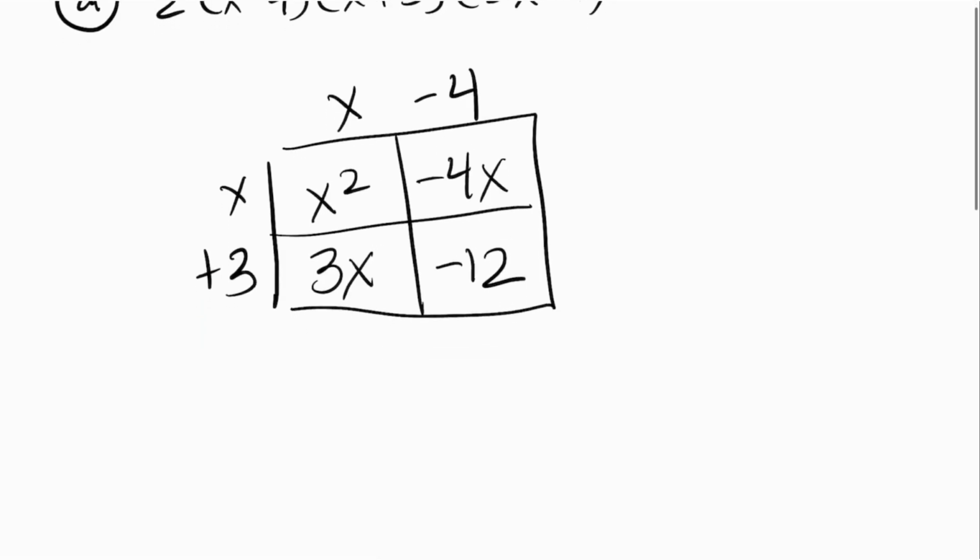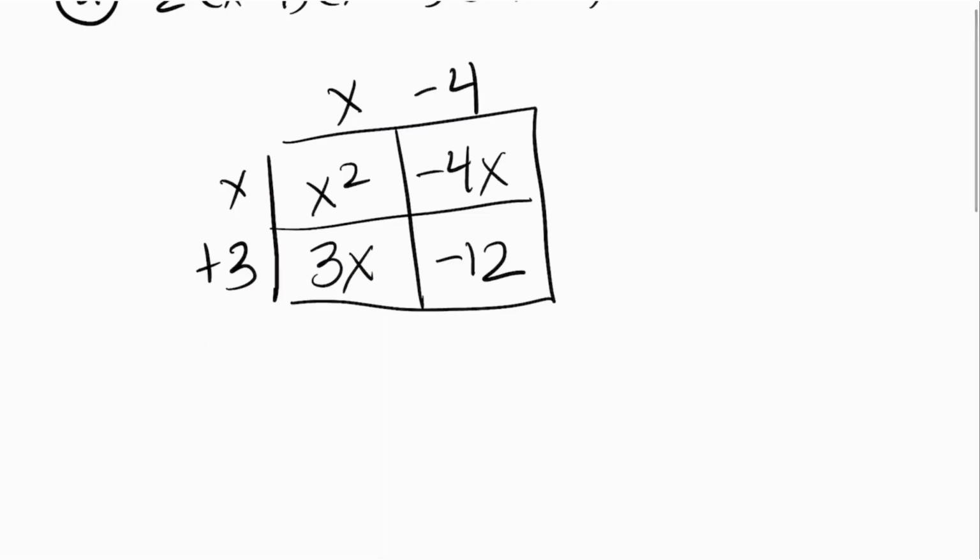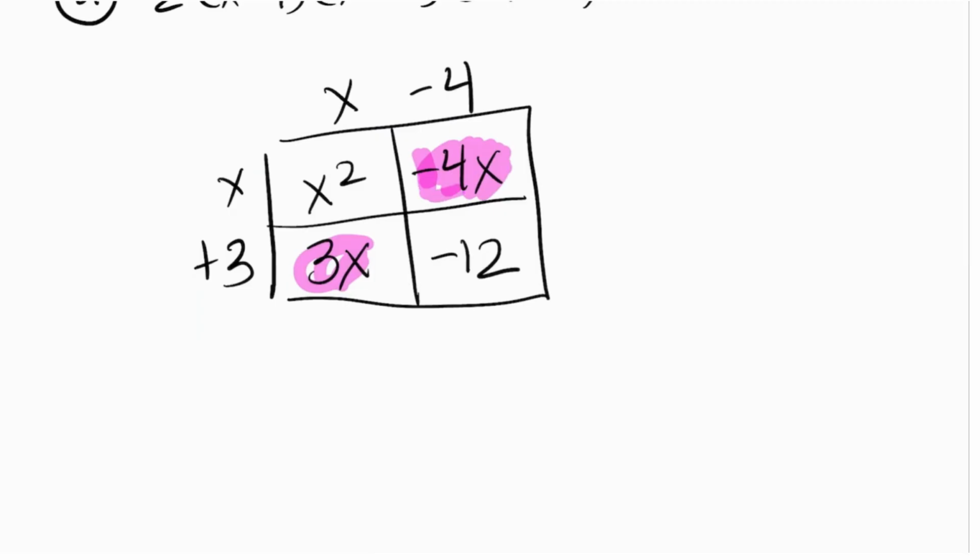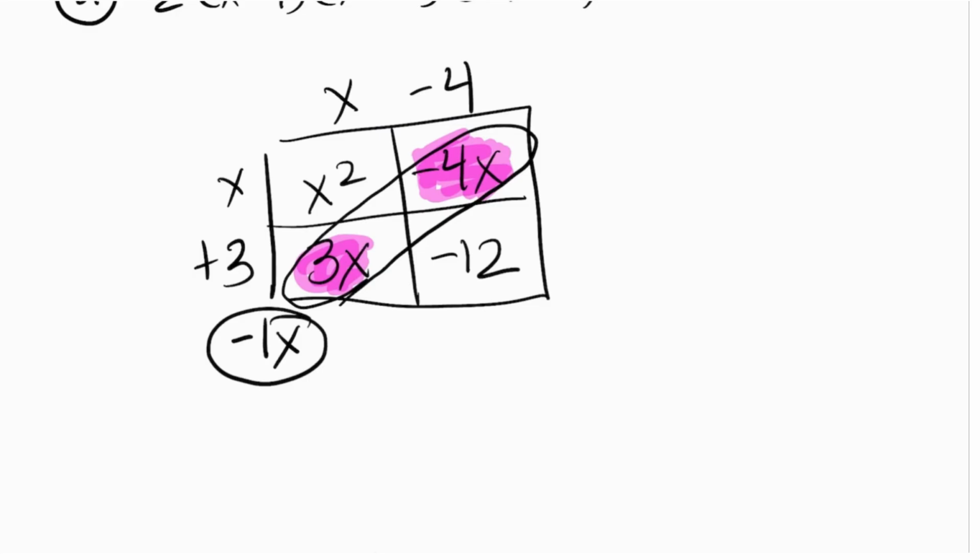We're going to go ahead and combine like terms. So these 3x and negative 4x have x, so you can go ahead and combine those two together. Negative 4x plus 3x is going to give you negative 1x when you combine.